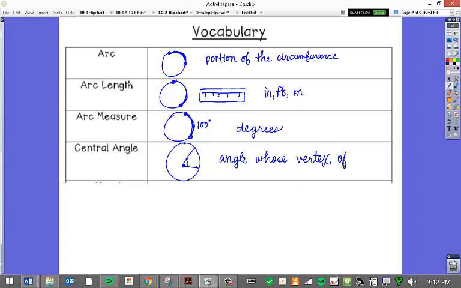Angle whose vertex is the center of the circle. So that's not necessarily a central angle unless I specifically tell you that that point is the center of the circle. So for it to be a central angle, the vertex has to be exactly on the center of the circle.